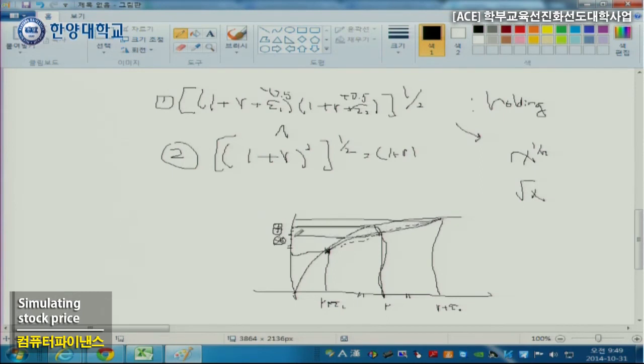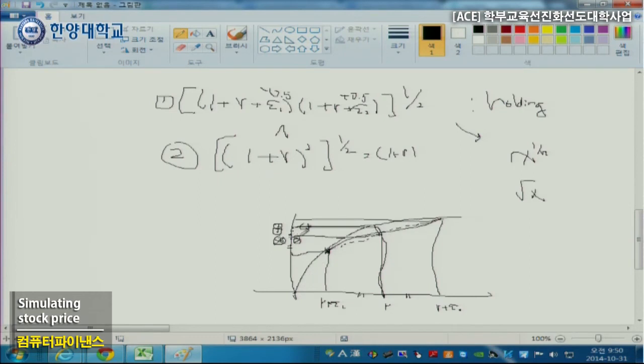So this is what we are actually making. This is 1 and this is 2, and as you can see, 1 is always less than 2. I was a little confused, but if it is a multi-period function, it is a concave function.